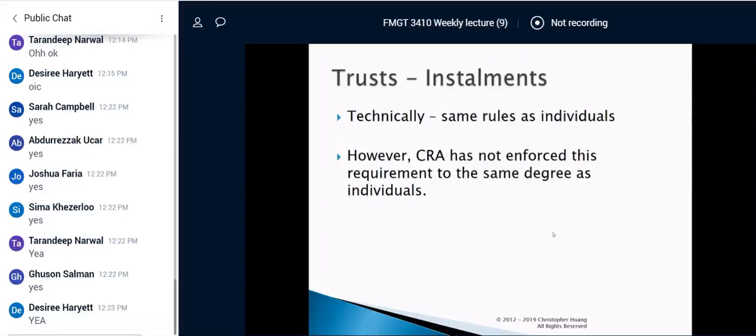For non-GRE trusts, the income, if you keep it in a trust, is typically taxed at the highest possible rates for individuals. So you generally don't want to keep income in a trust. That's why CRA is typically not as fussed. Okay, that's in general. Again, we're not going to go into all the nuances.